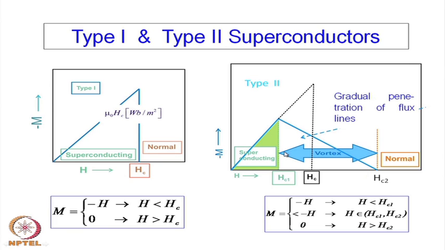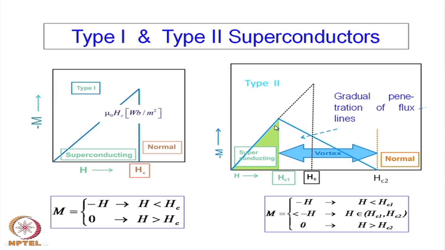Whereas, in type 2 superconductors, this diagram has been corrected now. This was earlier written as type 1, but actually it will be type 2 superconductors and there will be Hc2. So, we have two different critical field strengths, one is Hc1 and there is Hc2.